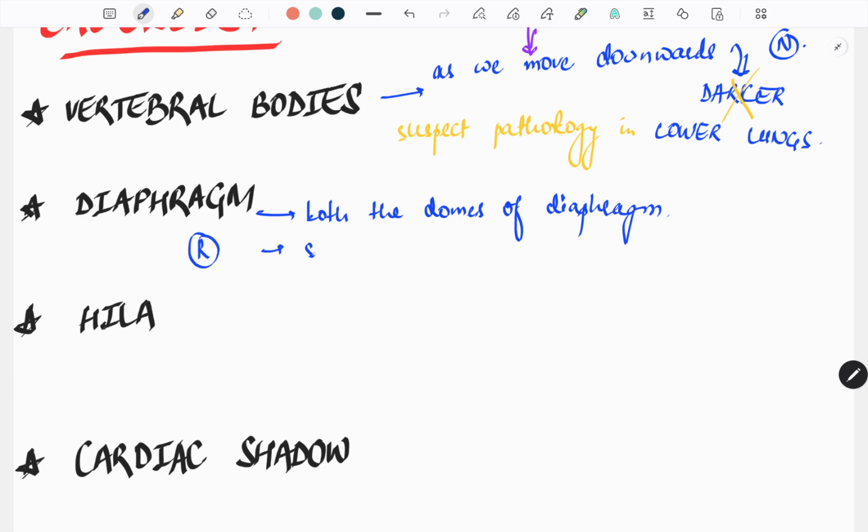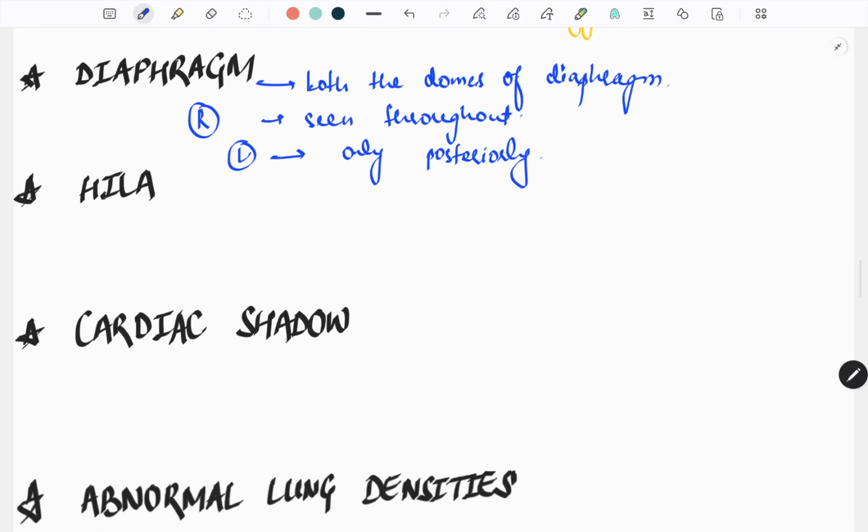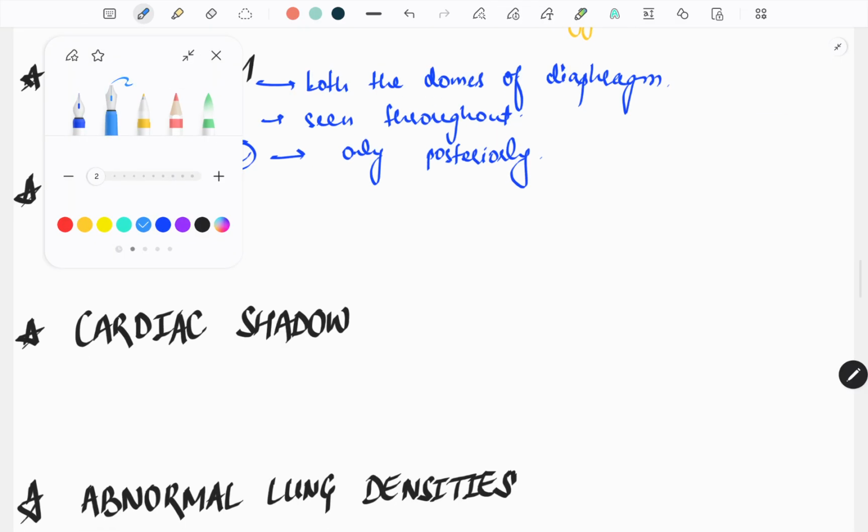The right one should be seen throughout. The left one is seen only posteriorly, because anteriorly the heart is present. Then the hila.